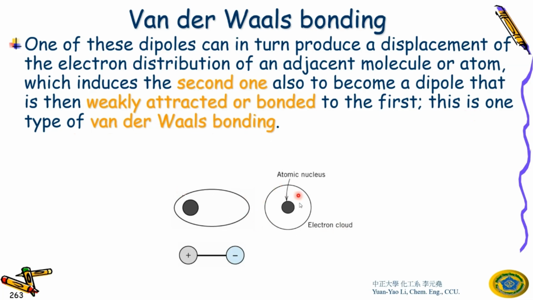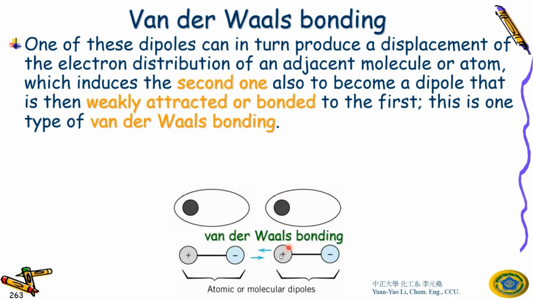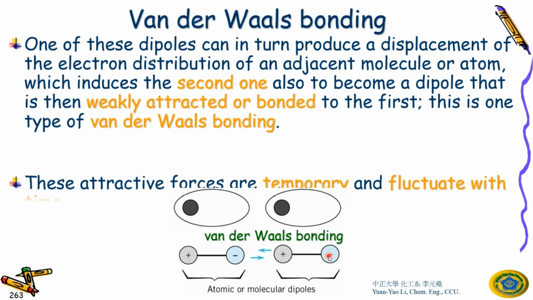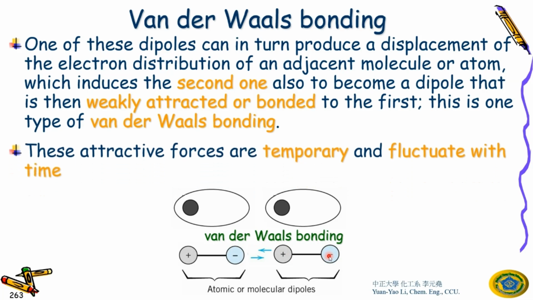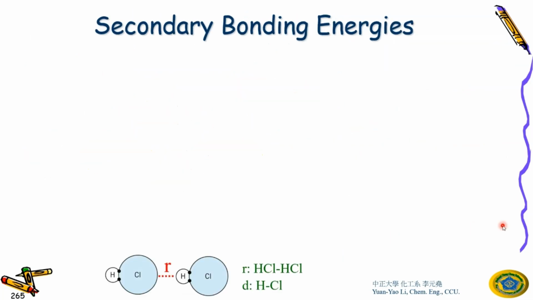So if we have one adjacent to this fluctuating dipole, it will also be induced to become a fluctuating dipole. And then between each other, there is a van der Waals force. These attraction forces are temporary and fluctuate with time. Right, just to give you an example here.